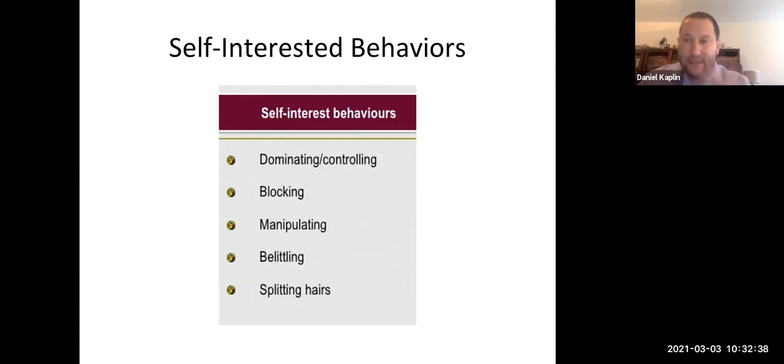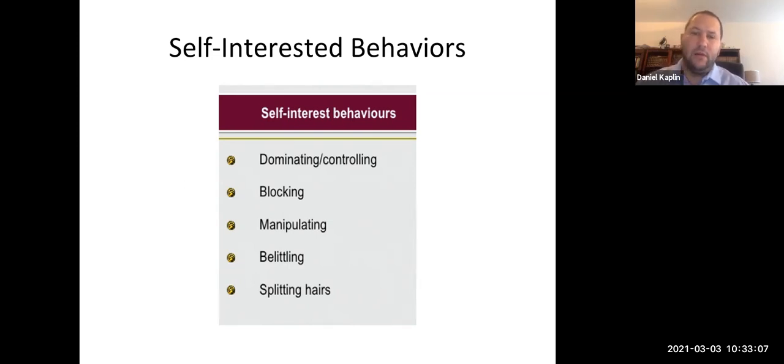By the way, all of these behaviors can be manifested by any member of the group, whether it be the group leader or a group member. So you don't want to dominate the conversation or overly control the conversation as a group leader. You want to let things go. And as a group member, you also don't want to dominate or be overly controlling.